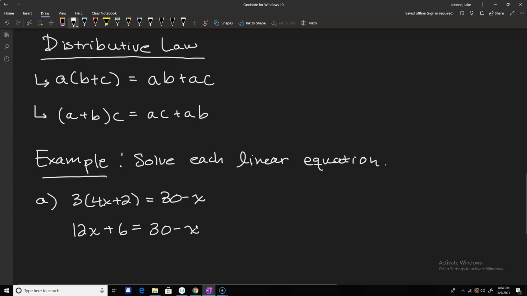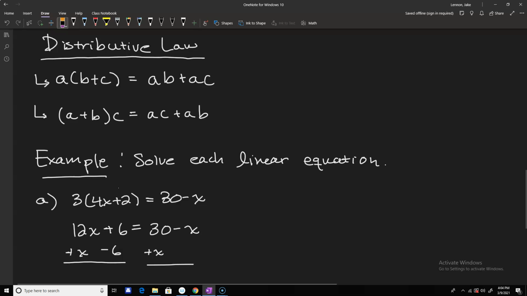So again, you want to pick your side. There's always two choices. I generally like to do whichever one seems quicker or whichever one keeps the coefficients positive. So I'm going to add x to both sides to start to get rid of the x's on the right-hand side of this equation, which means I'll have to subtract my 6.